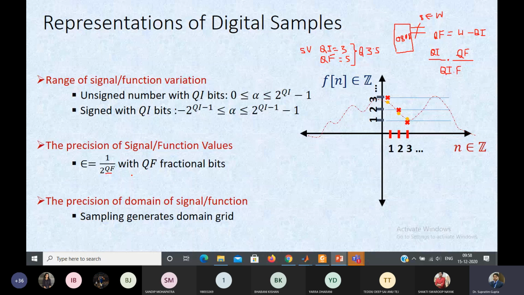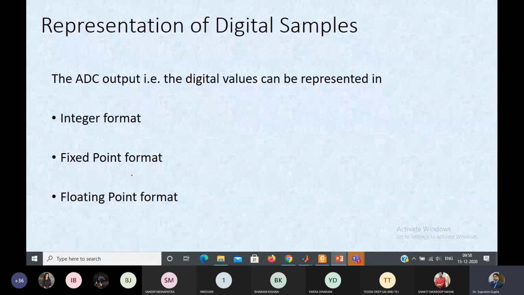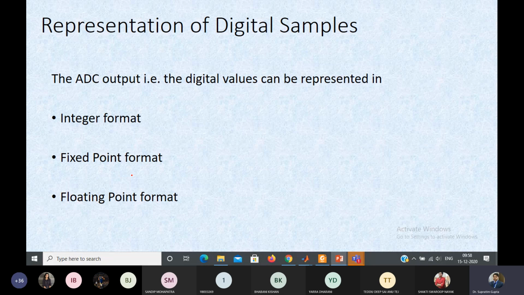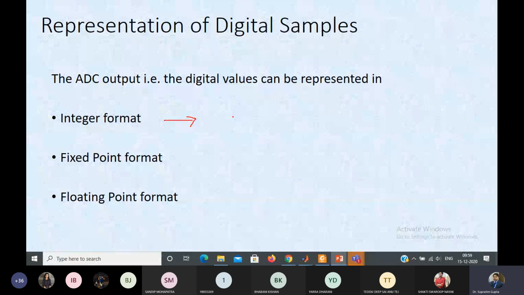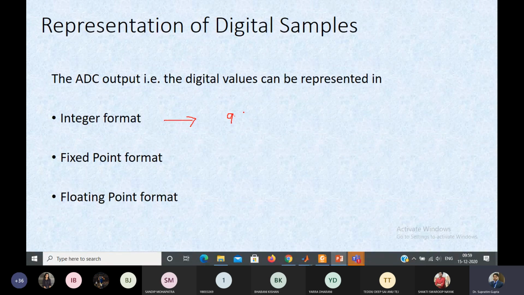I say domain just to make it general, since it may not always be time, but can also be space in case of a camera. You are sampling the space, so that domain would be the spatial positions or x y coordinates. So the ADC output, the digital values, can be represented in integer format, fixed point format, or floating point format.